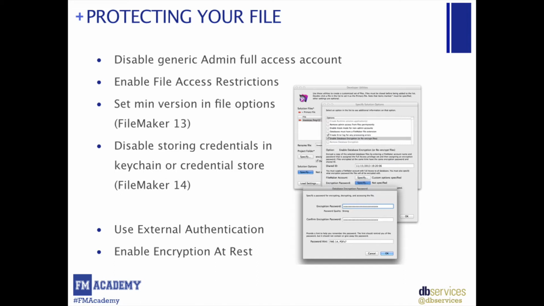FileMaker 14 allows Windows users and FileMaker Go users to save their credentials automatically so that when you open the file, you don't have to put them in again, which is a really nice feature. However, it does potentially pose a security threat. So if you so choose, you can disable it both on Mac and Windows. Using external authentication, we'll get into some more details about that later, as well as enabling encryption at rest.